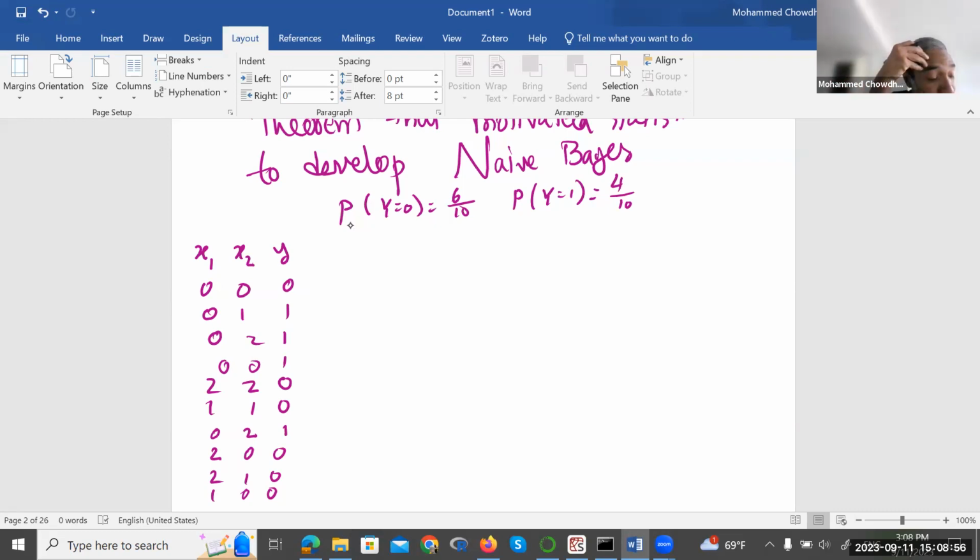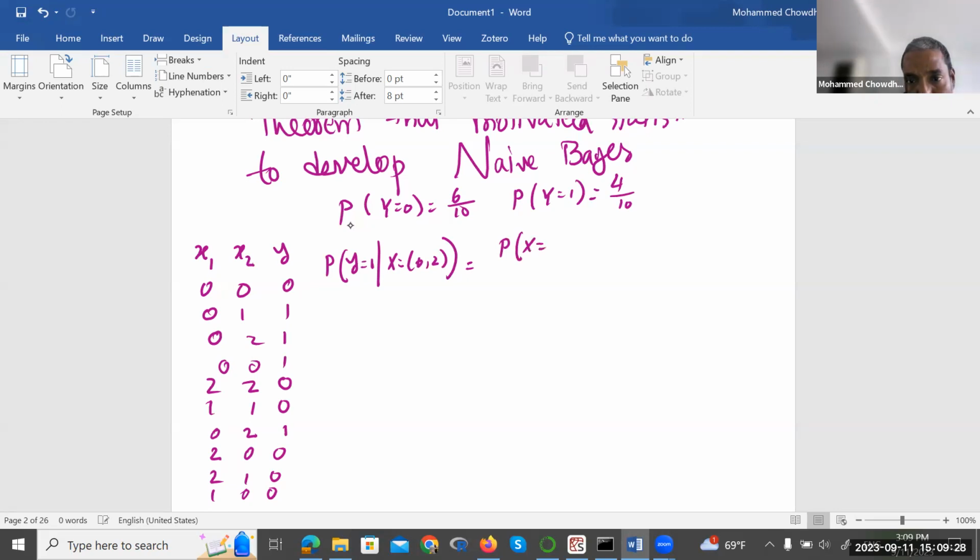Now, if I want to apply the Bayes theorem, see what the picture is. According to the Bayes theorem that I discussed, I want to predict y equal to 1 based on x equal to 0, 2. So according to the Bayes formula, it should look like this.